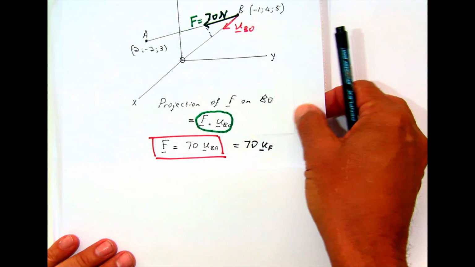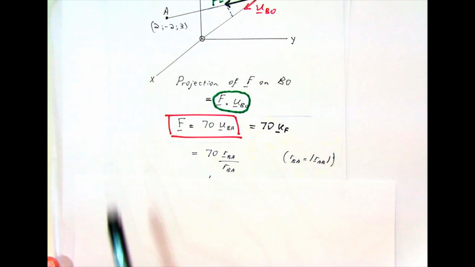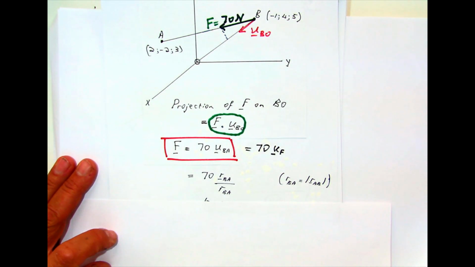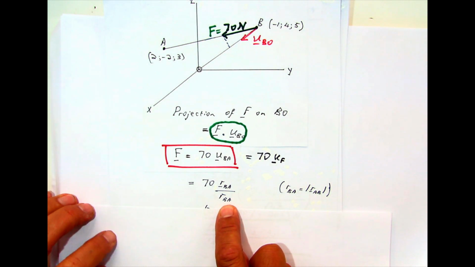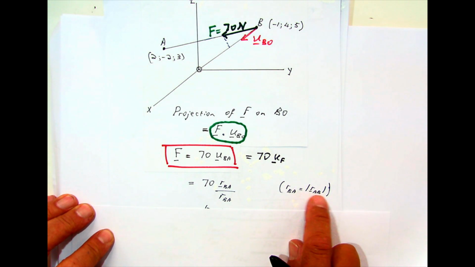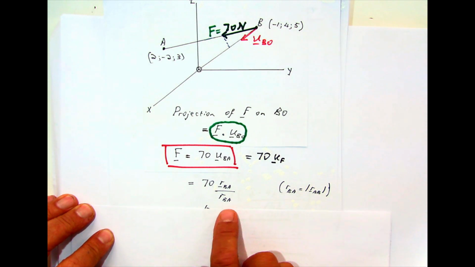So, in order to get that, your unit vector, which runs along BA, will be the position vector, which runs along BA, divided by the magnitude of the position vector. You can write the magnitude like this, or you can write it like that, the absolute value of the vector.